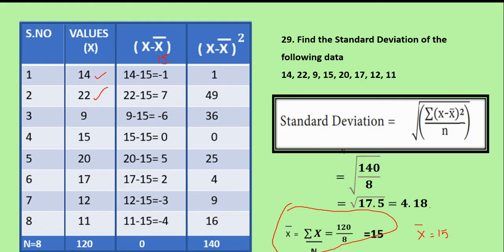So this is the only problem in standard deviation given in your textbook. You have 2 examples and 1 problem at the back. So with this, standard deviation is over. So what are the questions that you have to learn today?